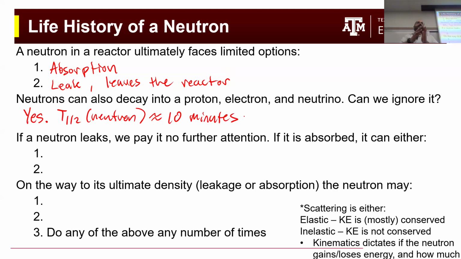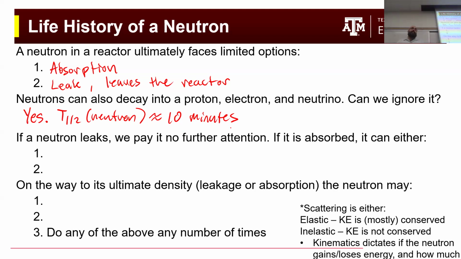If we think about the entire fission process happening on the order of picoseconds versus those neutrons at some point later decaying over 10 minutes, that's an incredibly long time compared to the time scales of the fission process itself. So in nuclear engineering calculations, when we're doing balance equations, we pretty much always ignore the decay of those neutrons because it happens over such a long time frame compared to fission. At least the neutrons that come out of fission.